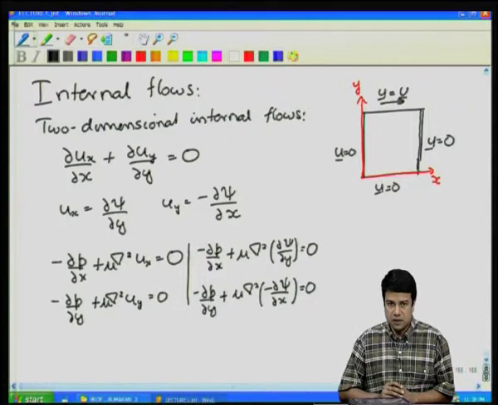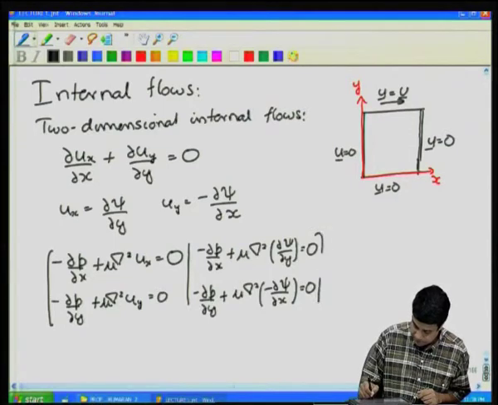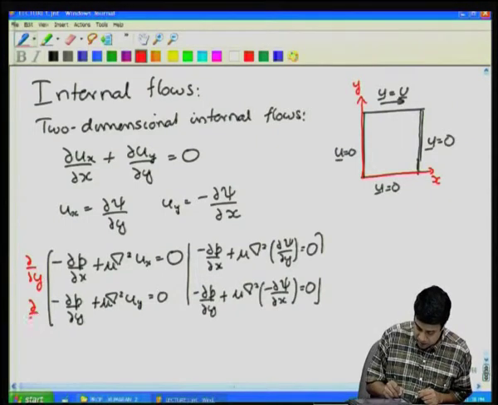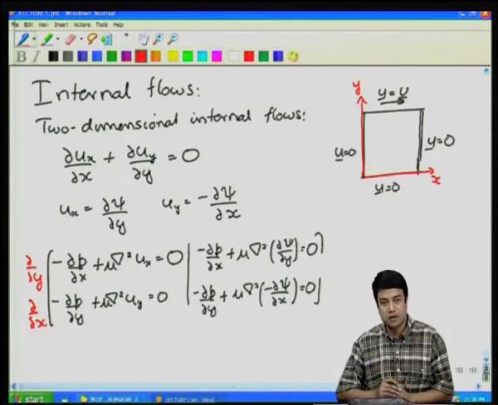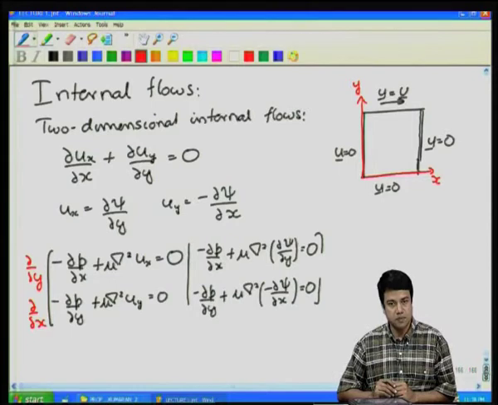I can eliminate the pressure from these 2 equations just by the simple expedient of taking partial by partial y of the first equation, partial by partial x of the second equation, subtracting out. Okay. So, I take partial by partial y of the first equation, subtract out partial by partial x of the second equation.